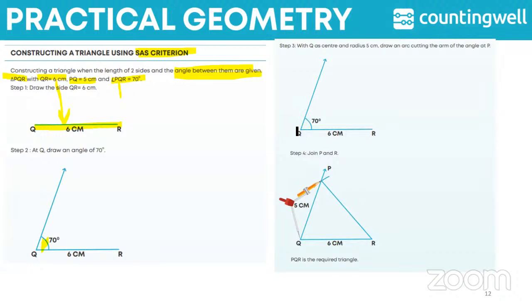So with Q as a center and radius 5, we are drawing an arc cutting the arm of the angle at P. As we have found a point P, we will join P and R, and in this way we have got a triangle PQR given the lengths of its two sides and the angle between them, which is 70 degree.